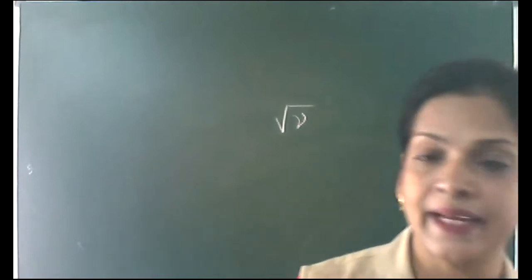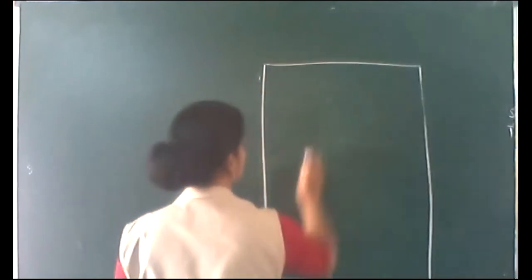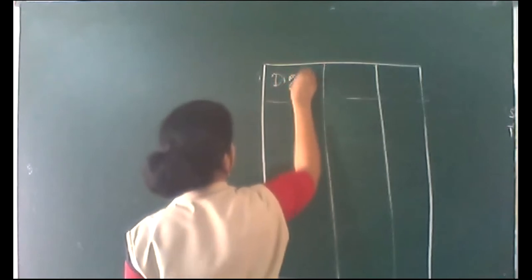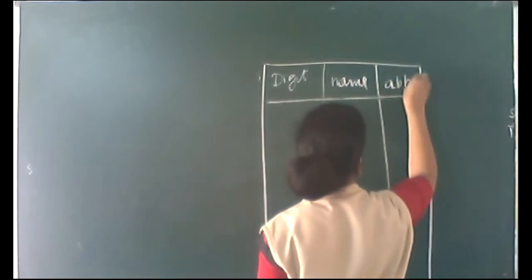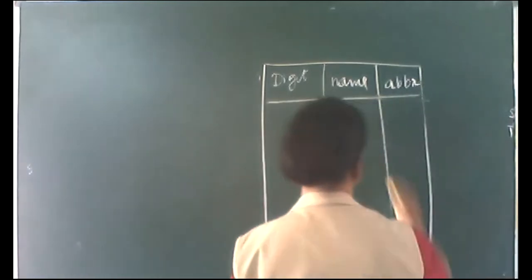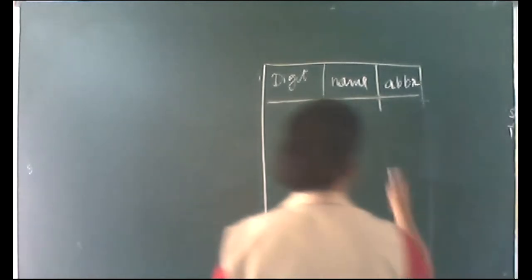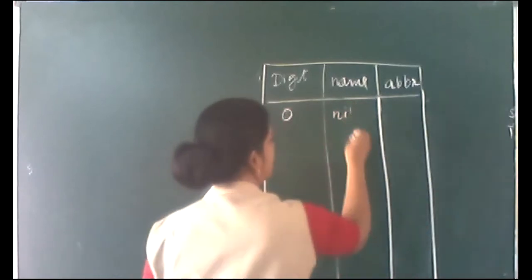If there is 1, then un. The symbol we use is U. So you write one box: digit, name, abbreviation.